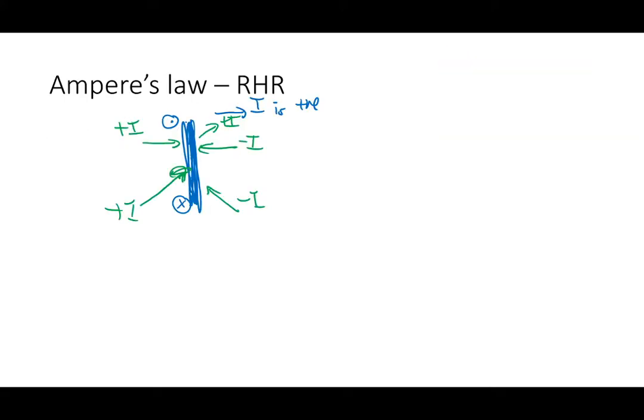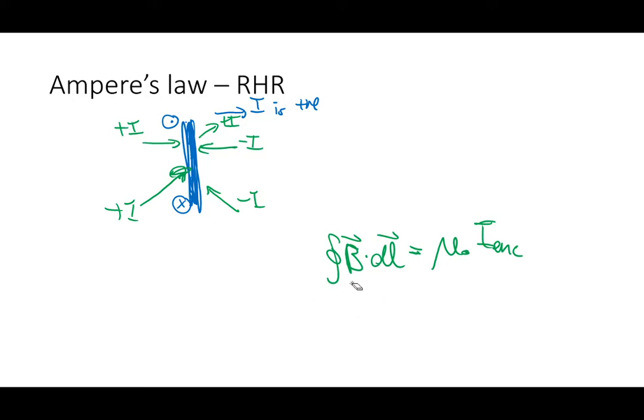So let's go through a couple of cases then. With Ampere's law, of course, you'll get a bunch of... let's write Ampere's law again. So with Ampere's law, you'll probably get some number of questions very similar to your Gauss's law questions, where the geometry is really ugly and we are just asking for the entire integral without you having to find the magnetic field at a specific point.